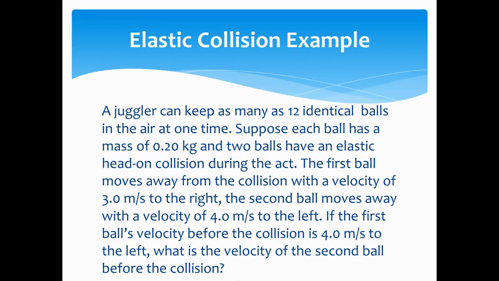The first ball moves away from the collision with a velocity of 3.0 meters per second to the right. The second ball moves away with a velocity of 4.0 meters per second to the left. If the first ball's velocity before the collision is 4.0 meters per second to the left, what is the velocity of the second ball before the collision?